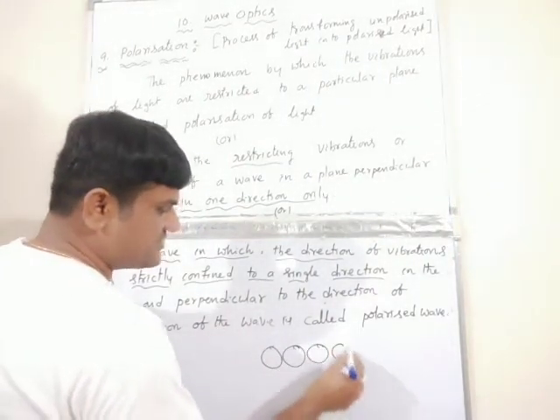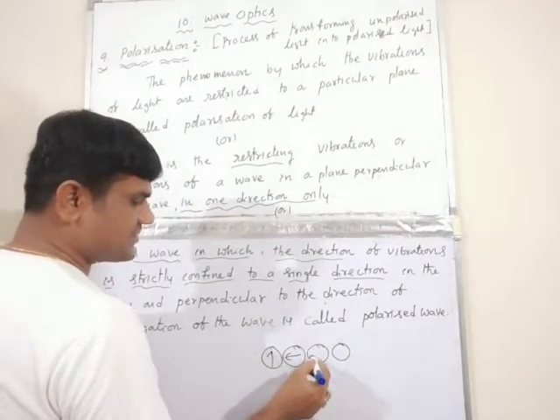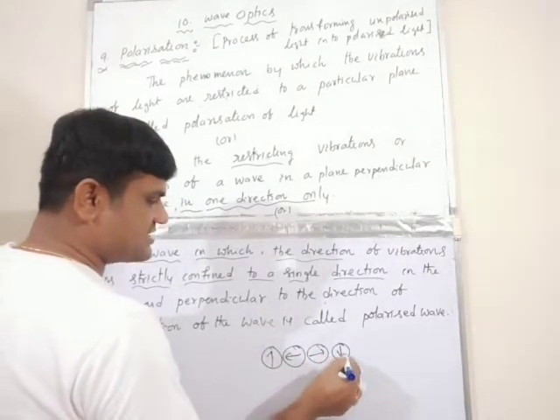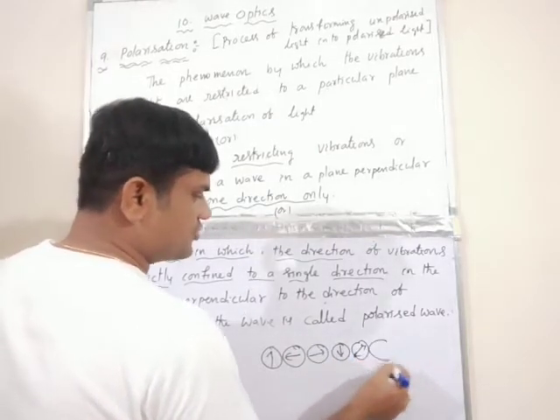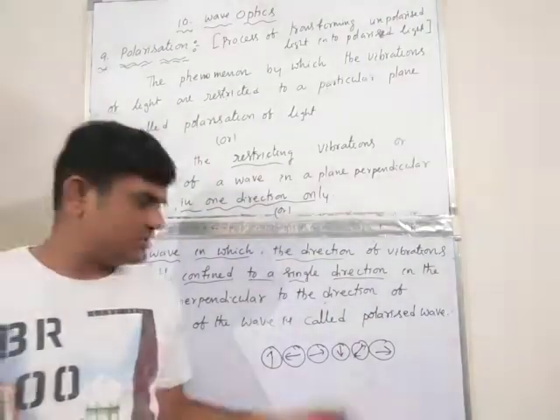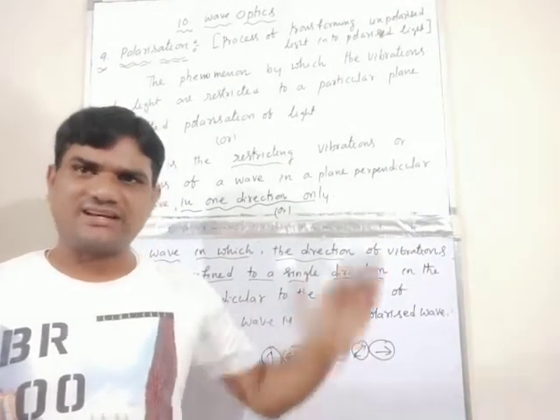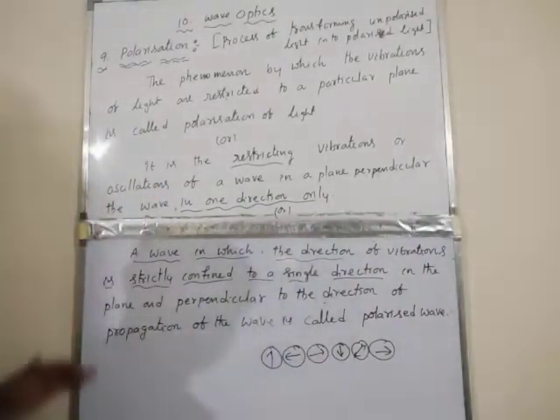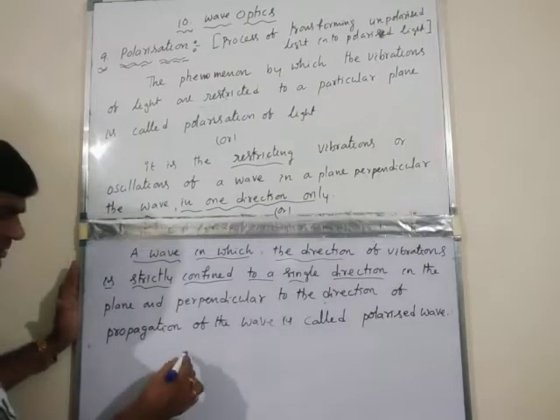For example, these electrons are moving in this direction and this direction and this direction. So in all directions, in this manner, the electrons can vibrate. Now I will consider here one plane sheet of paper.